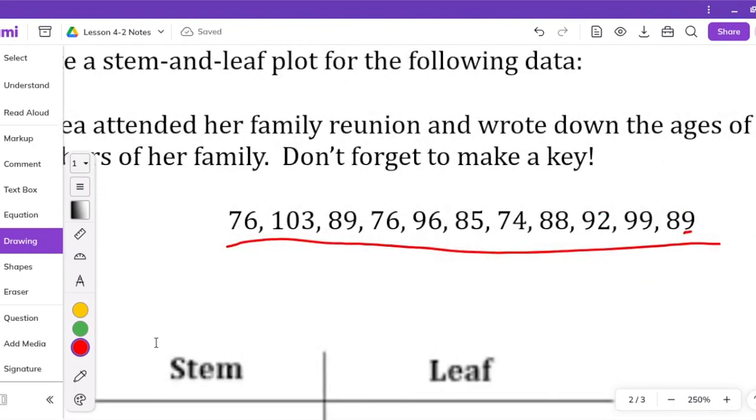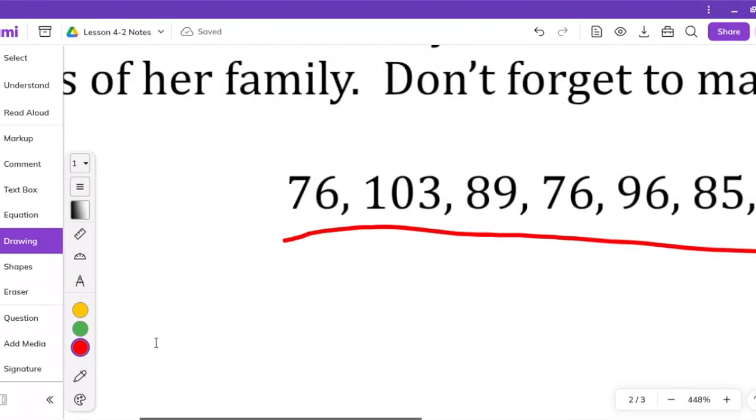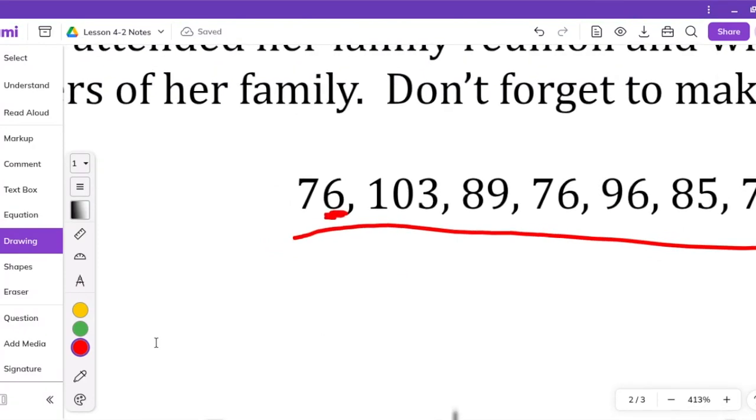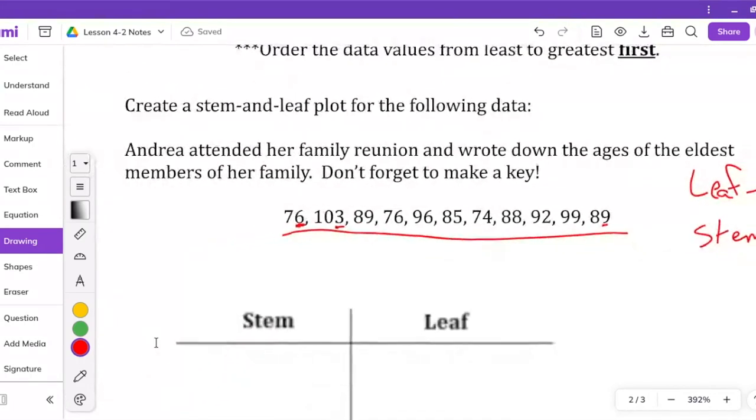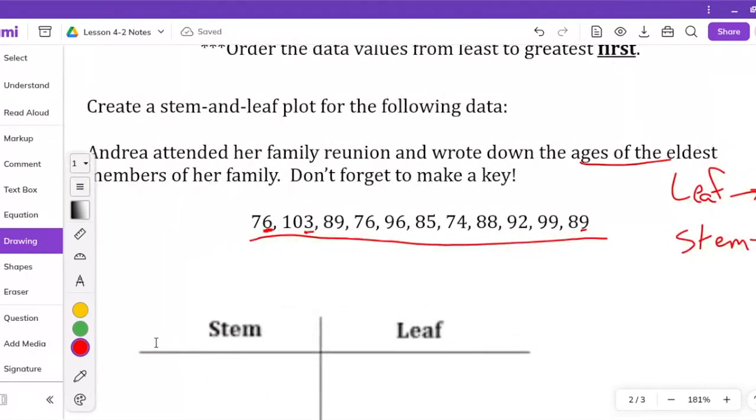So like here, if the leaf is 6, the stem is 7. Okay, if the leaf is 3, the stem is 10. So if you think about it, with this data set, the leaf is the ones place, and the stems, basically we're organizing this data set by how many 10s there are. Okay, and these are the ages of the eldest members of her family.